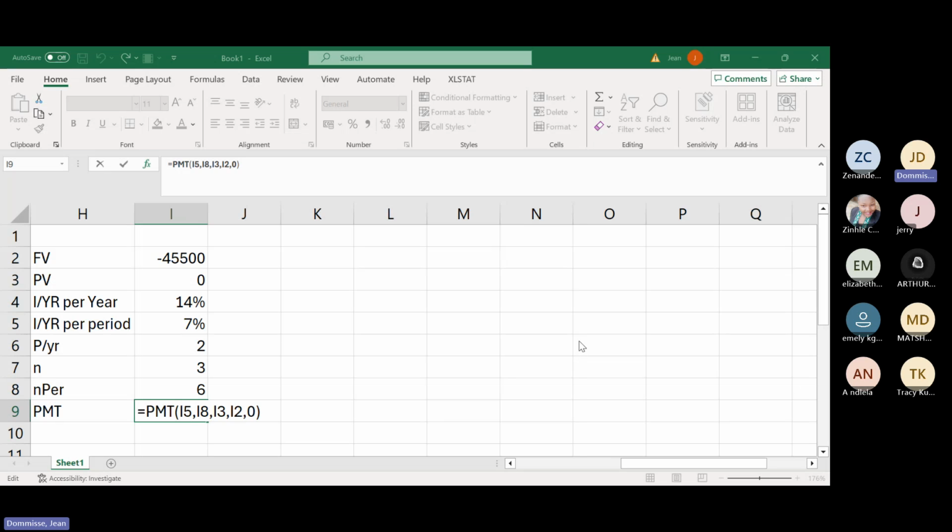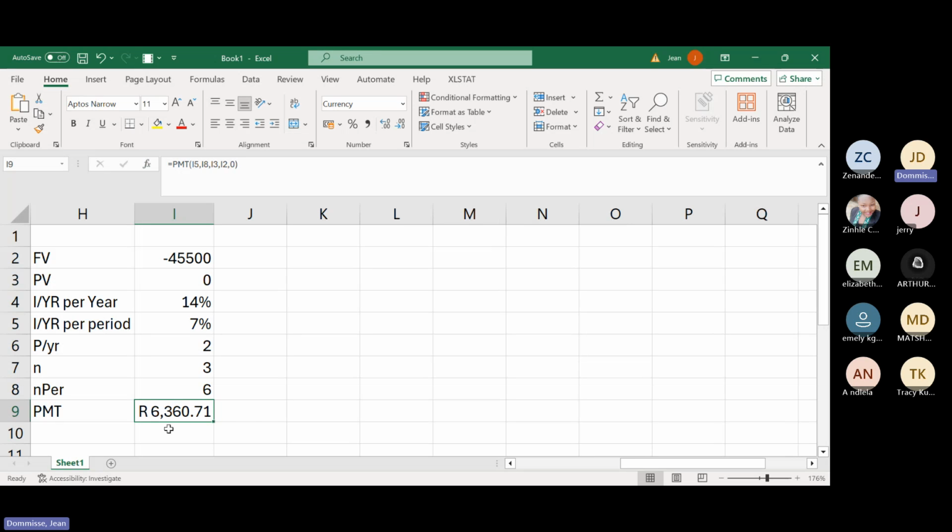It is at the end of a period. And there you see we're also getting 6360.71, exactly the same as we got with the financial calculator and with the formula.